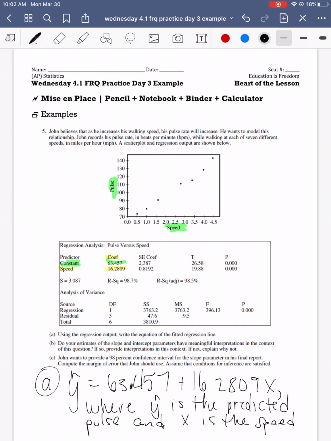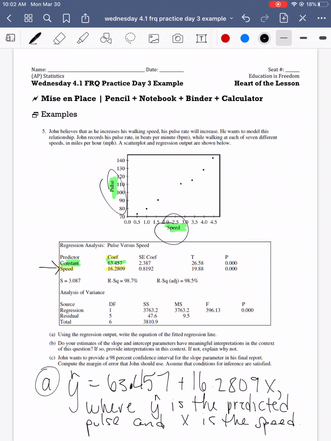I know x is the speed because that is the variable indicated here, and my plot shows speed, and y is the pulse. Since this is y hat, we have the predicted pulse rather than just the original pulse.